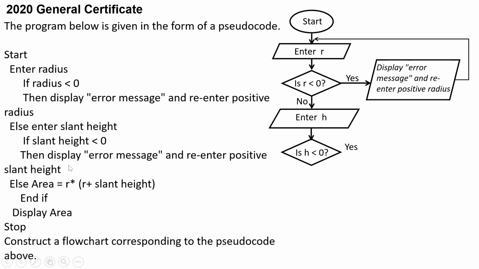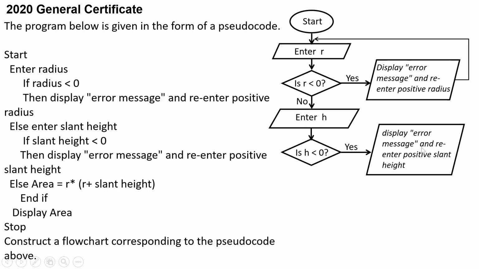You have said yes, then it will display this message here, the same display used for the error message: display error message and re-enter positive slant height.